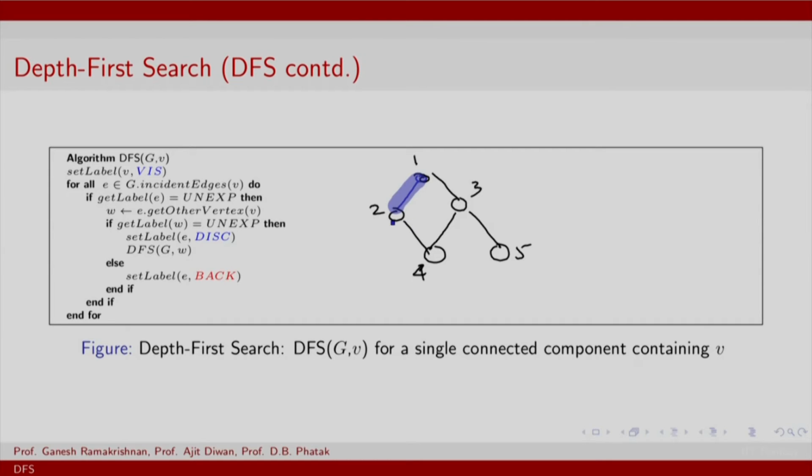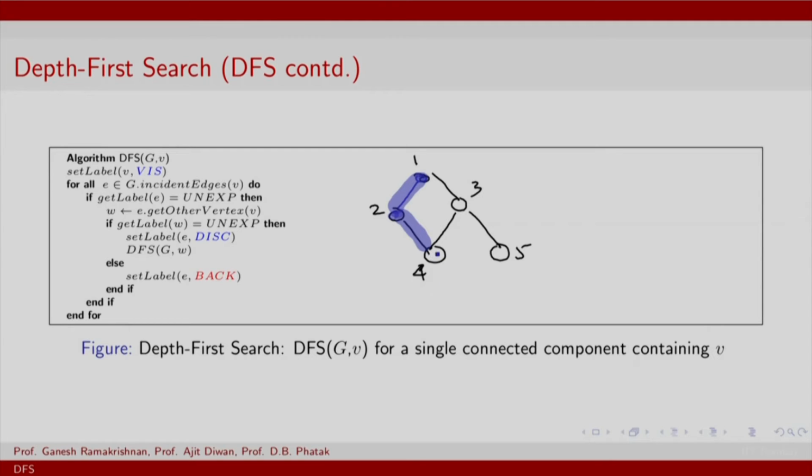What does this DFS in turn do? Well, it is going to look at all the neighbors of 2. There is just one, start with the first one. In fact, before starting off with that edge, you would label 2 itself as discovered. So node is labeled as discovered before any subsequent DFS activity is performed.